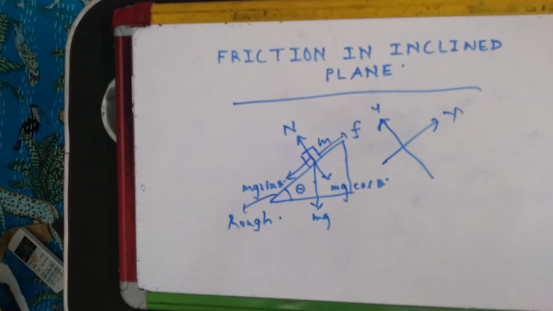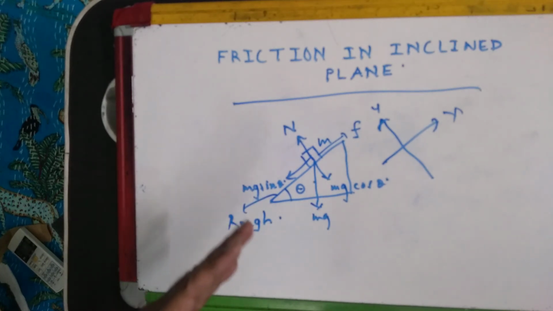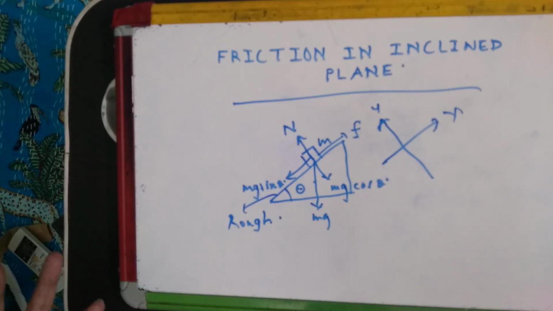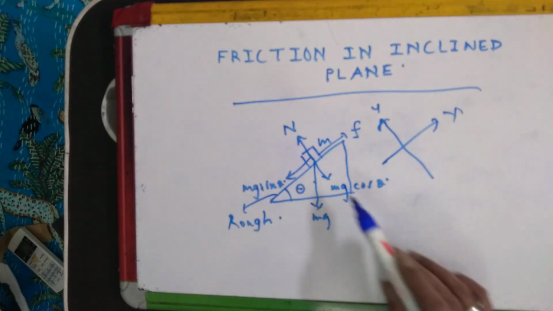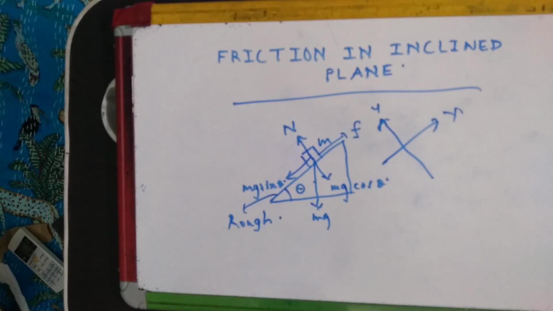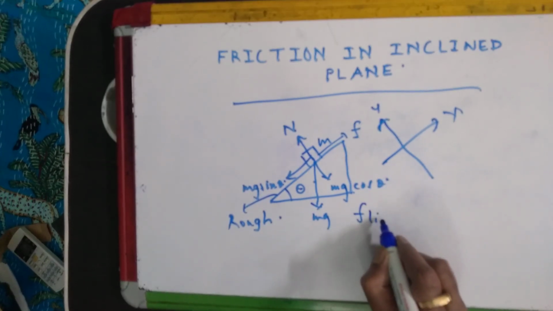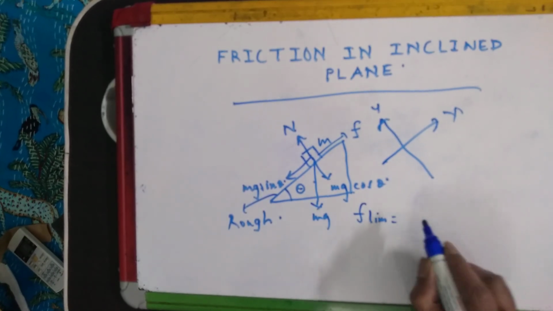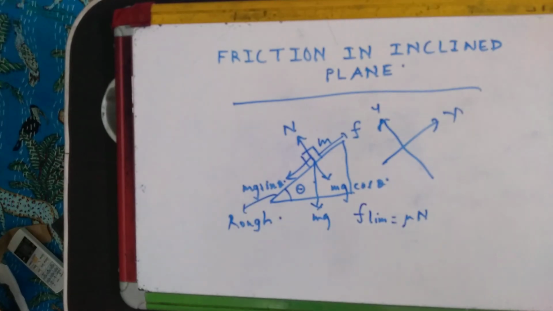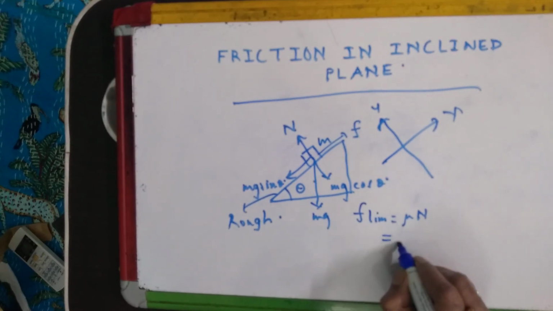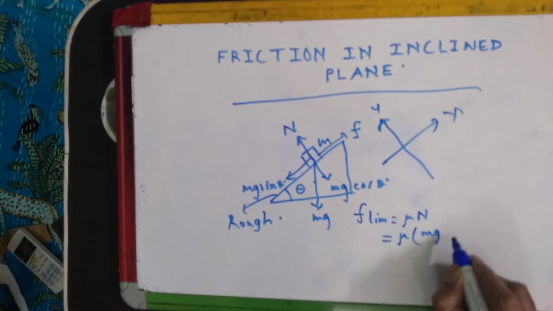So along the y-axis there will be no motion, and the normal force would be equal to mg cos theta, and the limiting friction would be mu N, as we have discussed in the earlier videos, which is equal to mu mg cos theta.